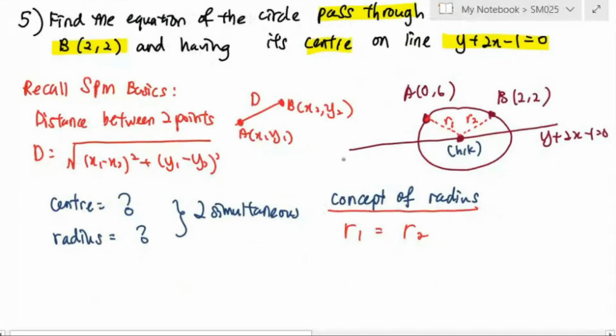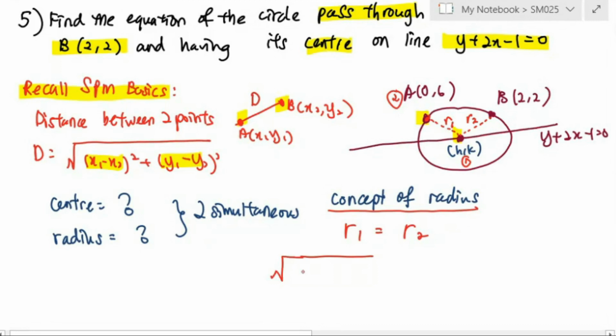So how to build this concept of radius? I need to recall back the SPM basics where I need to find the distance between 2 points. It will be the square root of (x1 minus x2) square plus (y1 minus y2) square. For radius number 1, I take the unknown (h, k) as my first point and this as my second point.